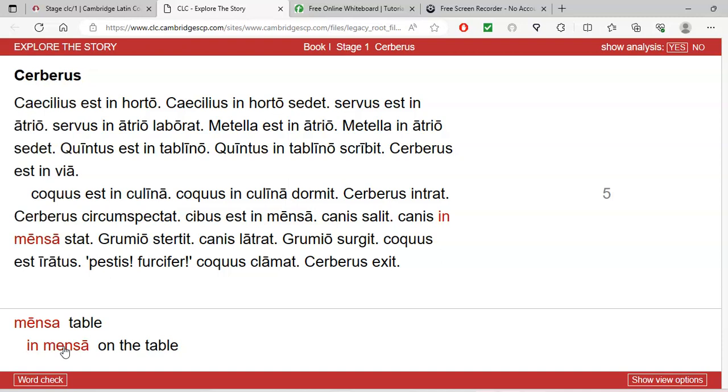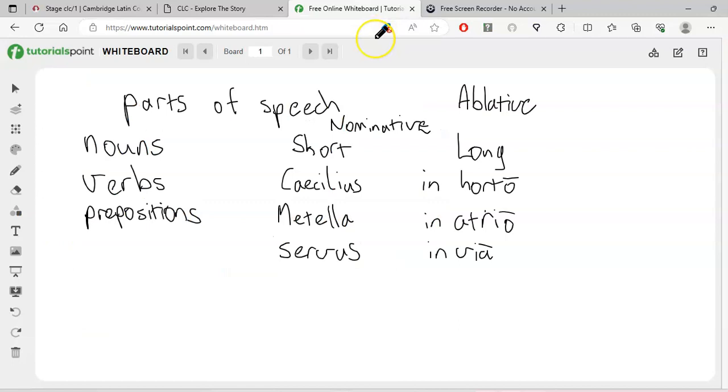So now we've seen nominative nouns. That's like the normal form of the noun, which you find in the dictionary, and ablative nouns. Here they've been used to show the location in ordo, and they have a long vowel at the end. So those are our ablative nouns. The ablative nouns are often preceded by a word called a preposition.